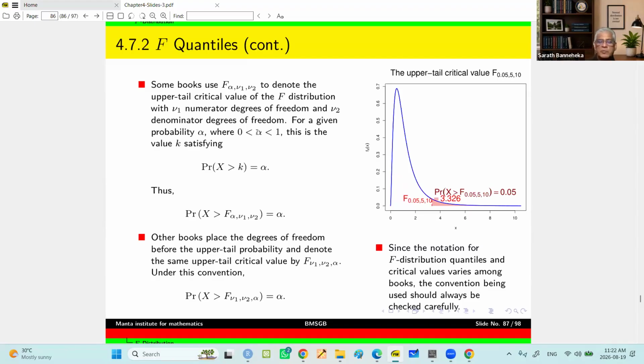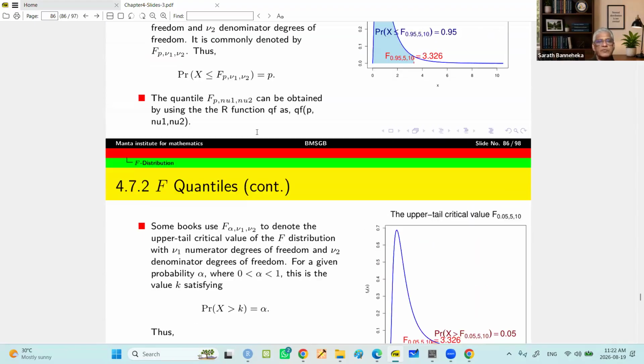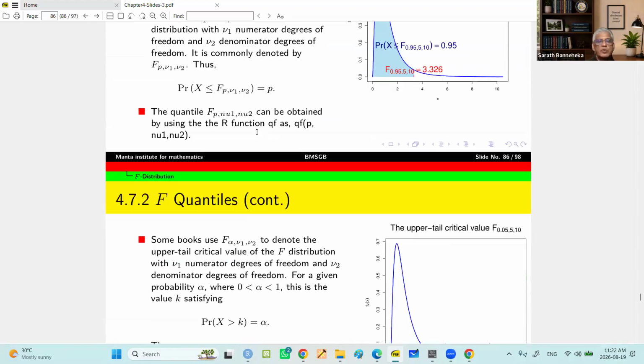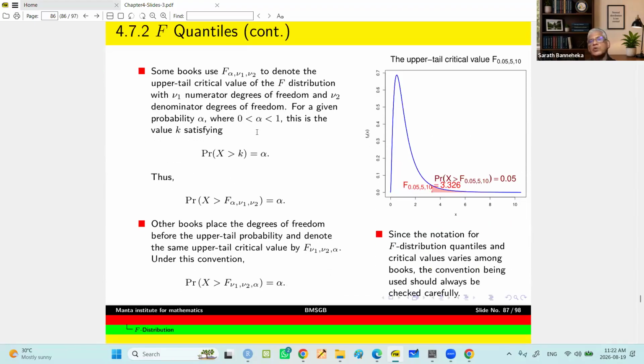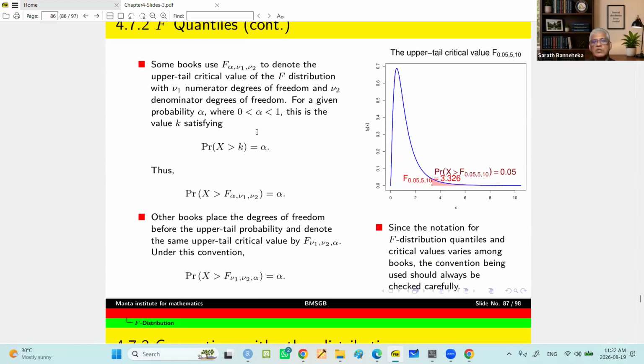But this notation and the previous notation can be confusing. So it's always better to write down your definition of the notation before you use it throughout your research paper, your thesis, or even in exam answers.